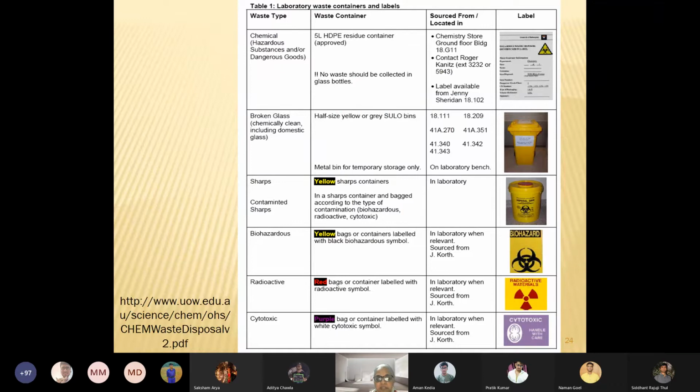The kinds of containers we use for hazardous materials will be different depending on the nature of the waste. If you're working in the lab, you might have certain types of containers for dumping broken glass, for needles, for biomedical types of waste. So there are all kinds of things that are shown over here.